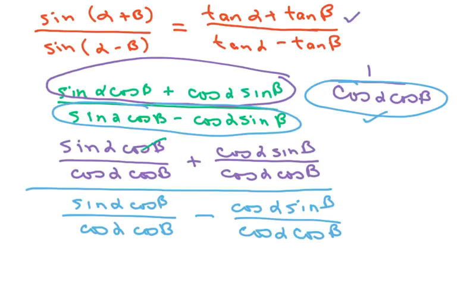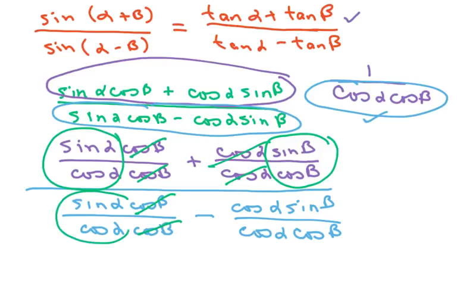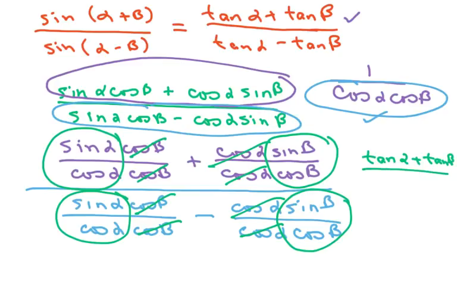We can cancel out this, so that leaves us with that. Here I can cancel out the cosine of alpha, so I get the sine of beta. Here I cancel out this, and I get that. And here I cancel out this and get that. So what we're left with is tan of alpha plus tan of beta over tan of alpha minus tan of beta.